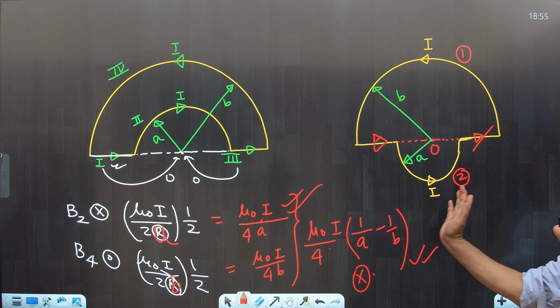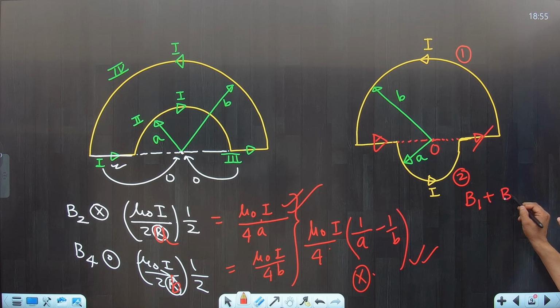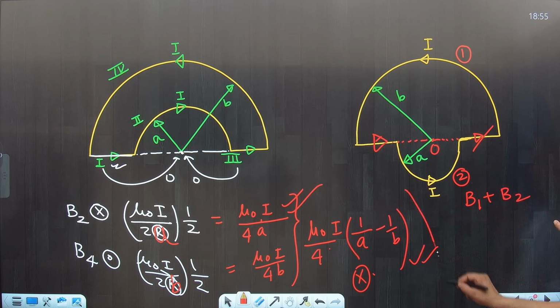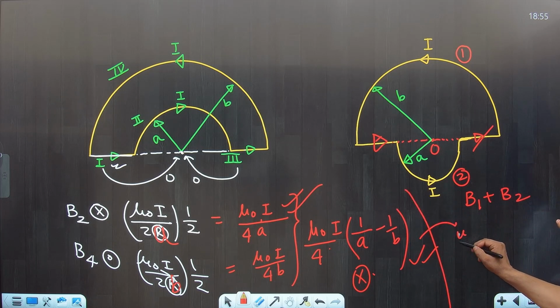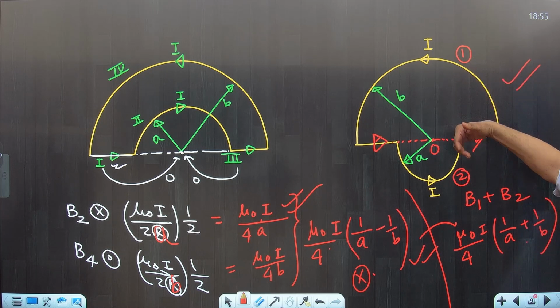Due to part 2, it is again outside the paper. So again here magnetic field will add up. They will not be subtracted. So answer will be mu naught I by 4 into 1 by A plus 1 by B. In this situation, the magnetic field will add up.